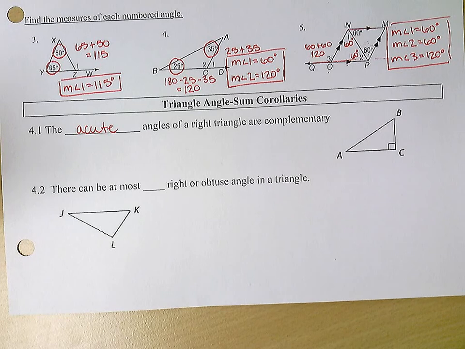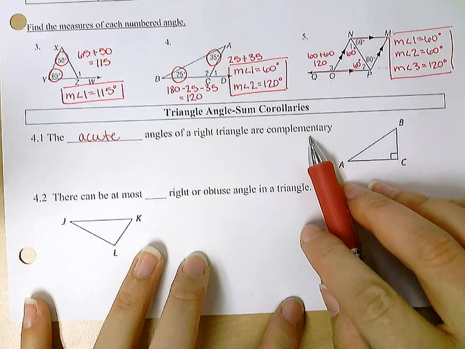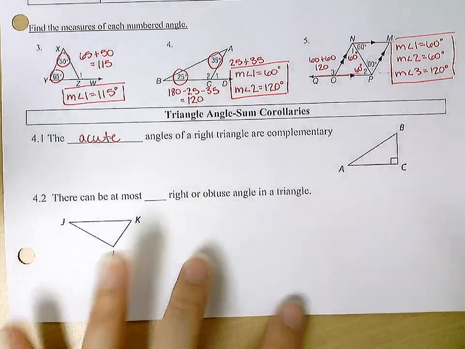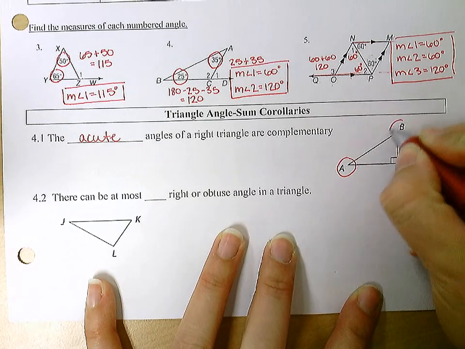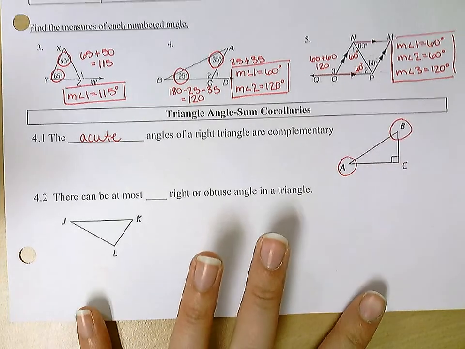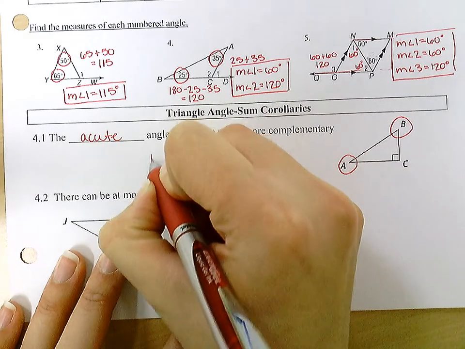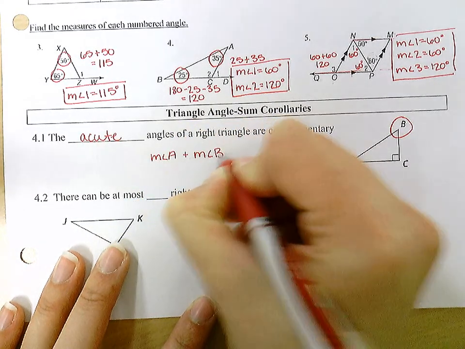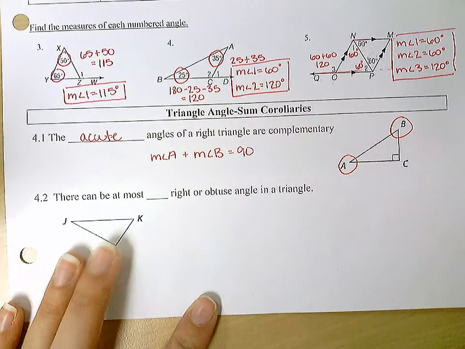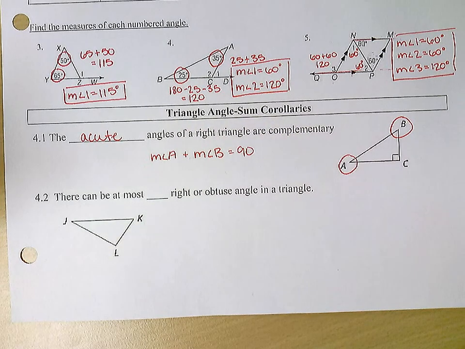Coming back here, two angles that add to 90 degrees. That's what complementary means. So the acute angles of this right triangle would be A and B. So I can take the measure of angle A and add the measure of angle B, and it'll be 90 degrees. Okay, so you can take your two acute angles of a right triangle, add them together, they should be 90.